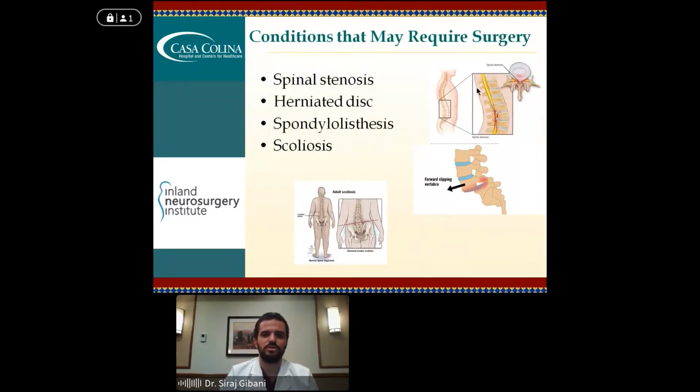Spondylolisthesis refers to instability of the spine, where a segment is unstable and there's abnormal movement that results in pain as well as compression of the nerves. And scoliosis is just an abnormal curvature of the spine that can also lead to chronic back or leg issues.